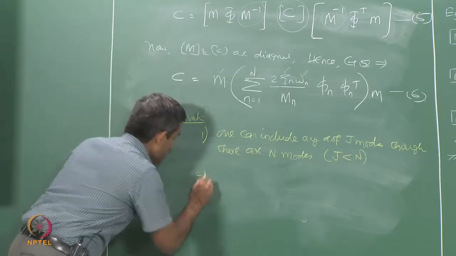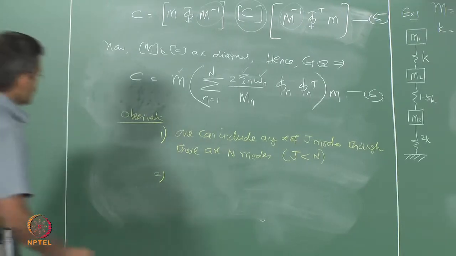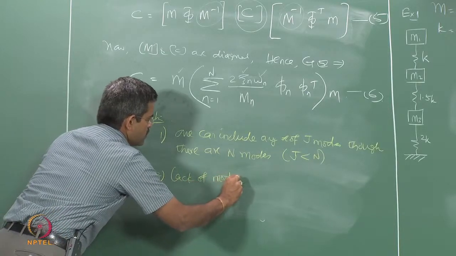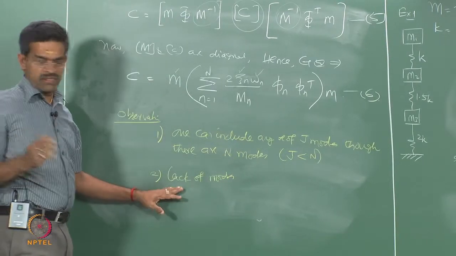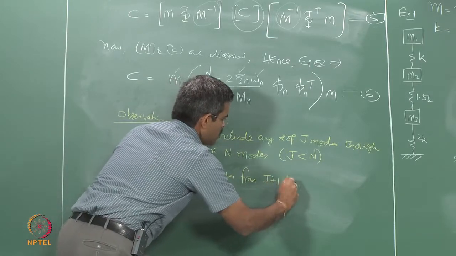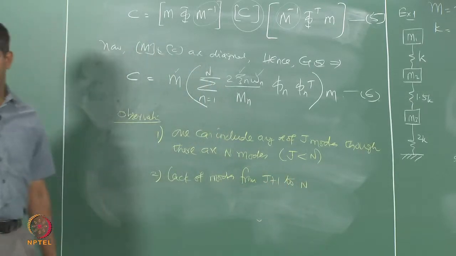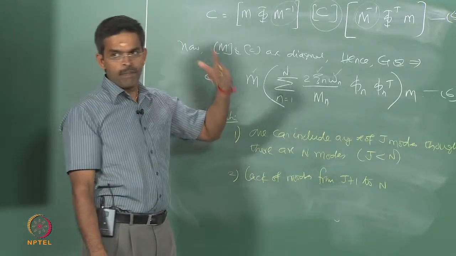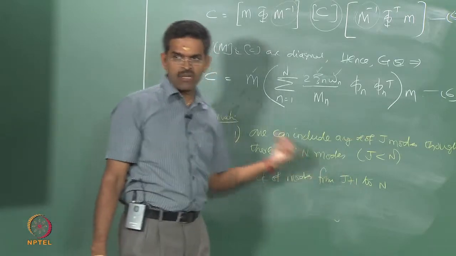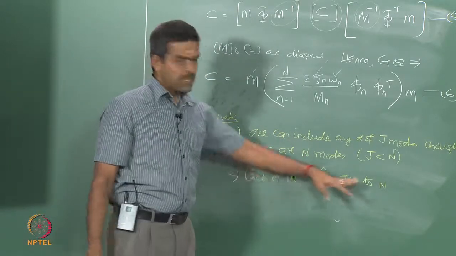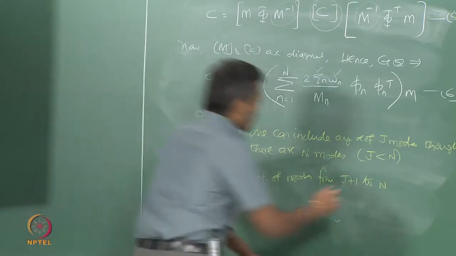The second advantage is lack of modes. Lack means absence, lack of modes from j plus 1 to n, because these modes are not present. When I say we are truncating till j, from j plus 1 till n, these modes are not present in my calculation of damping matrix C. So, lack of modes from j plus 1 to n does not create a numerical problem.